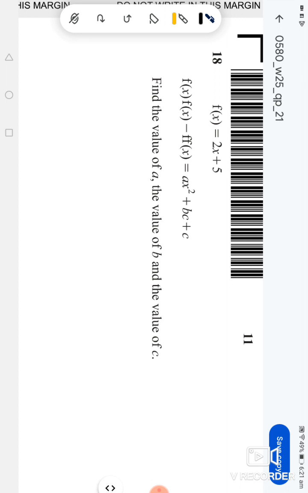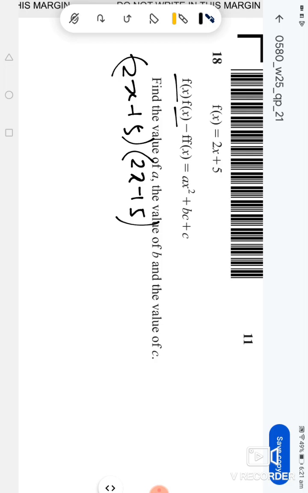So f(x) means 2x plus 5, and 2x plus 5, minus 2 times 2x plus 5 plus 5.